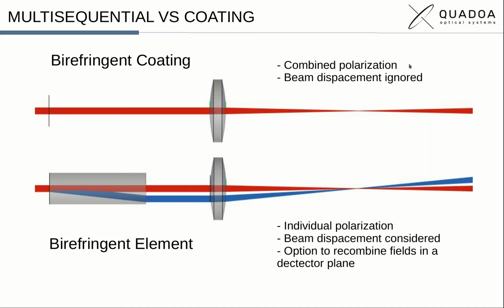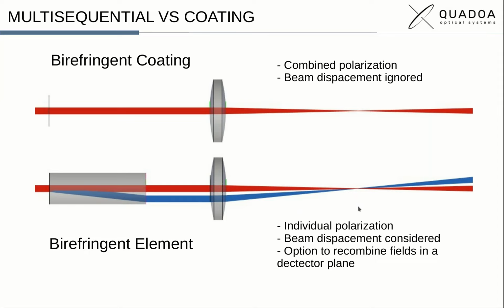However, the beam displacement is ignored in this case, whereas for the birefringent element we need to trace both sequences, one for the ordinary and one for the extraordinary ray. This means we also get the two polarization states as well as the beam displacement. However, if we want to get the overall polarization of the recombined fields, then we need to recombine those in a detector plane.